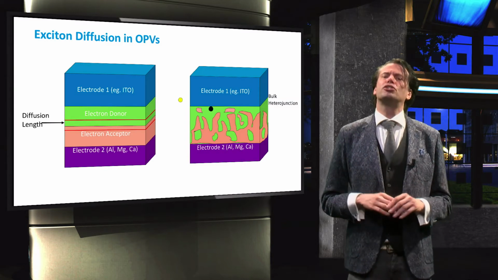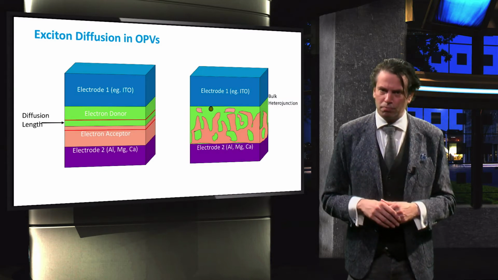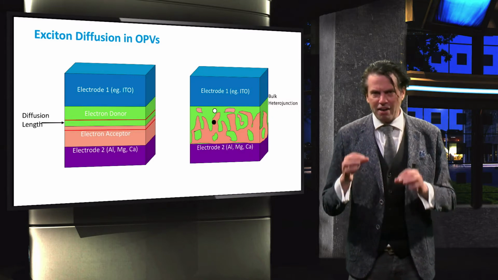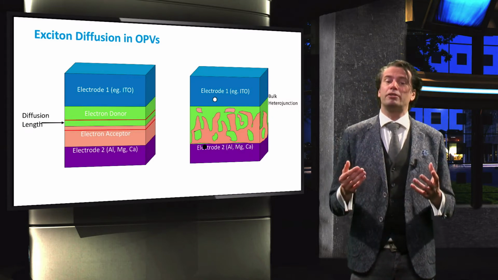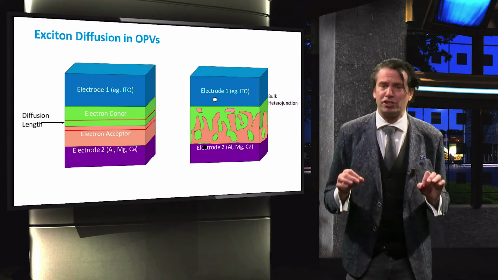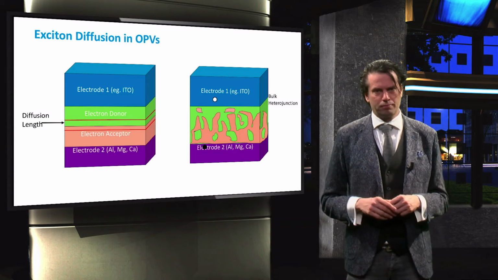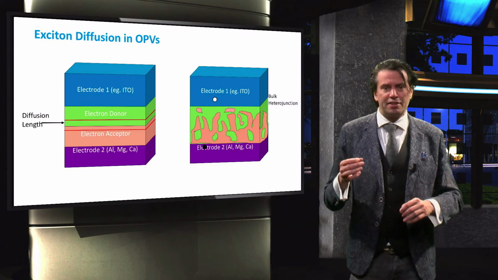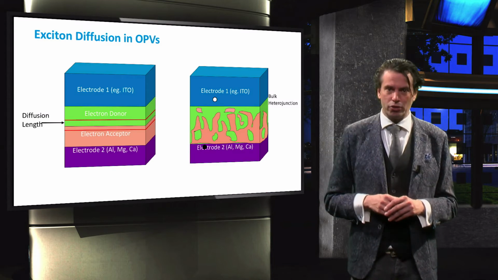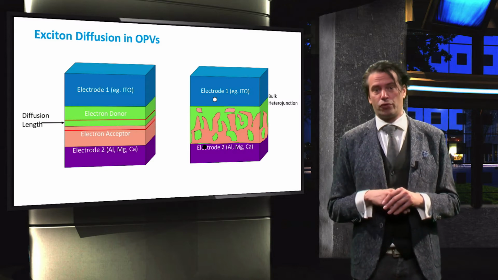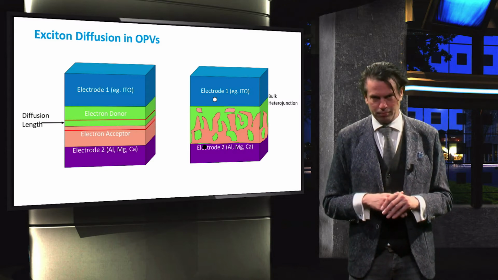This reduces the path length of an exciton before reaching a donor-acceptor interface, thereby effectively reducing the probability of recombination and increasing the quantum efficiency of the solar cell. The separated electrons travel through the acceptor layers and are collected at the metal electrode, while the holes move through the donor material and are collected at the front ITO electrode.